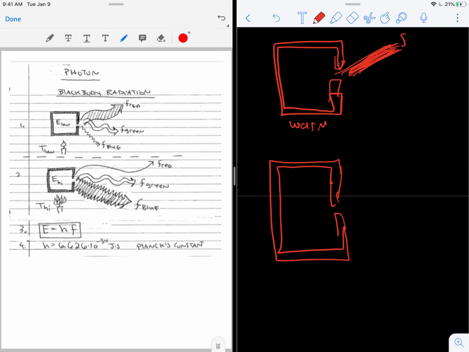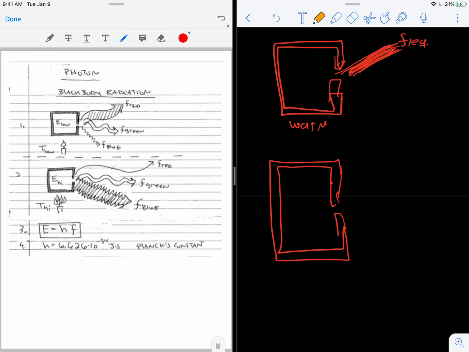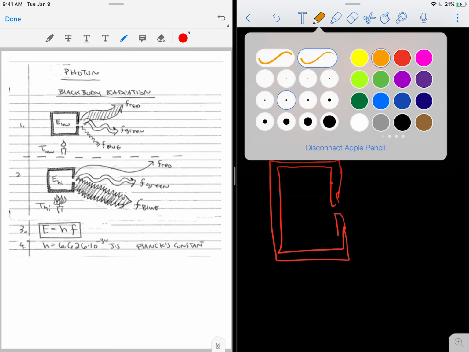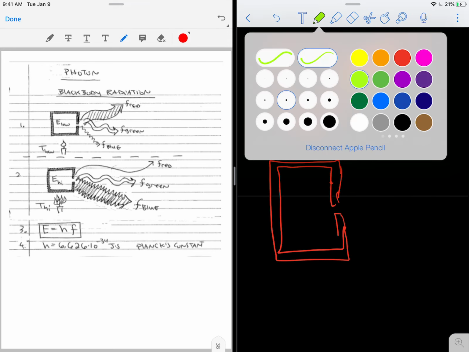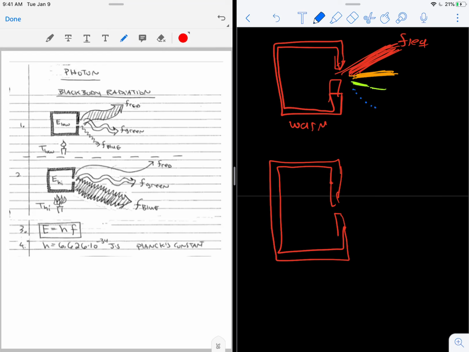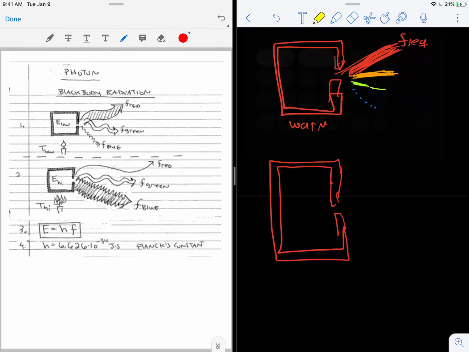And red is going to have a particular frequency. But you can also detect other frequencies, but to a lesser extent. So there's going to be some orange, and some green, but less. And there's going to be even some blue, but even less of that. Here, the fact that the oven is warm, you can relate that to the temperature of the oven or to the energy.